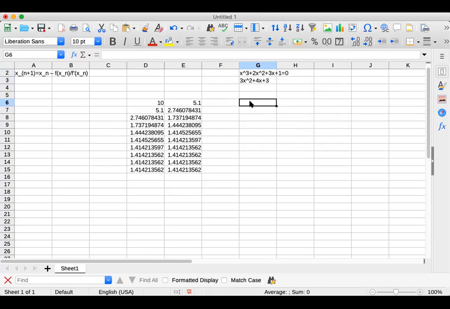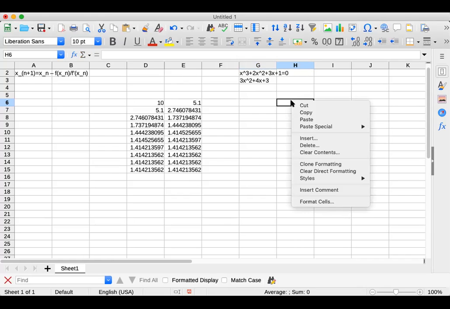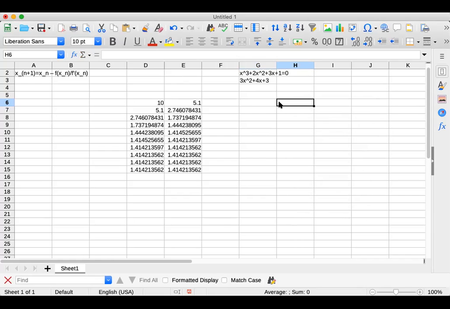Let's say we're starting with negative 0.5. Let's put it in here. Negative 0.5. So in here, we're supposed to write the formula that gives us x_n minus f of x_n over f prime of x_n.